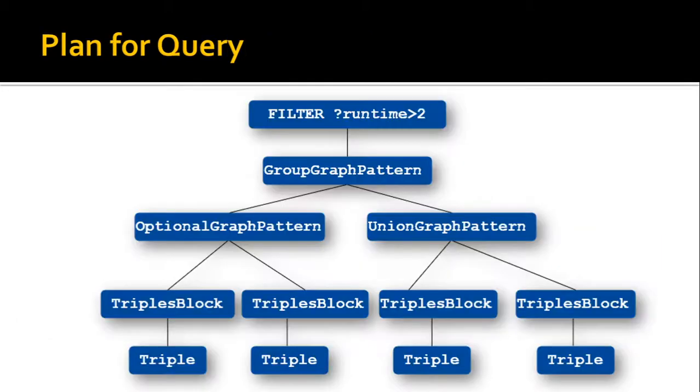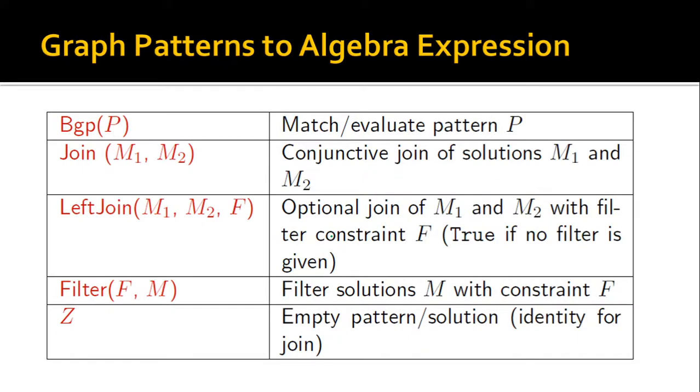Now you can see the similar representation we have created using this way, right? So this will be really the plan for your query. So how do you really process your query? Which part should be computed before which part? That will completely depend on this particular form of this abstract representation, right?